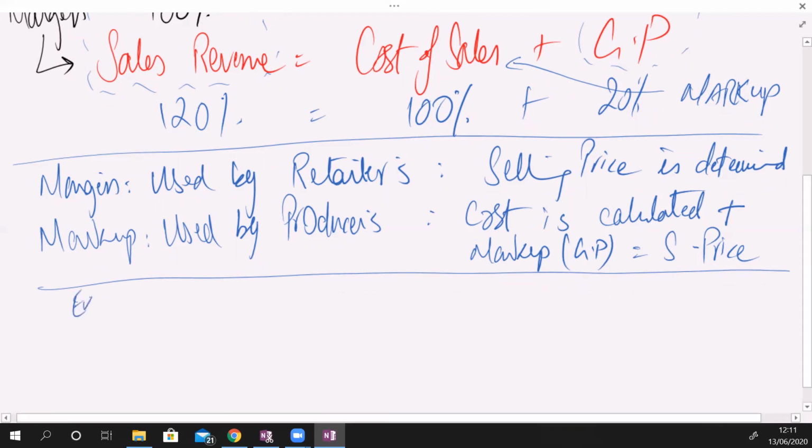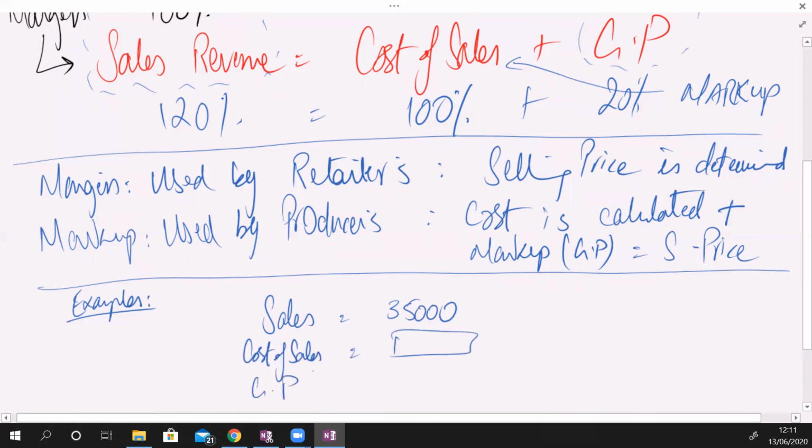I'm giving you examples. Sales is 35,000. Cost of sales, we don't know. GP, we don't know. And I'm saying it is margin. And margin is how much? 20%. Margin is 20%. So in margin, my question is, is sales 100% or is cost 100%?